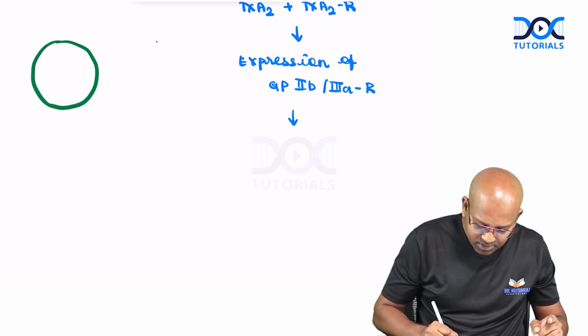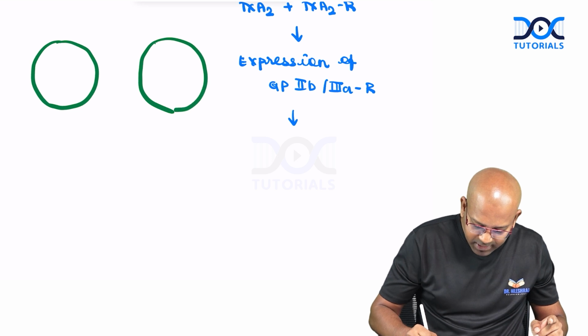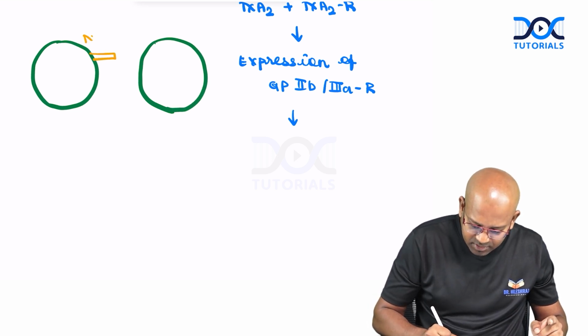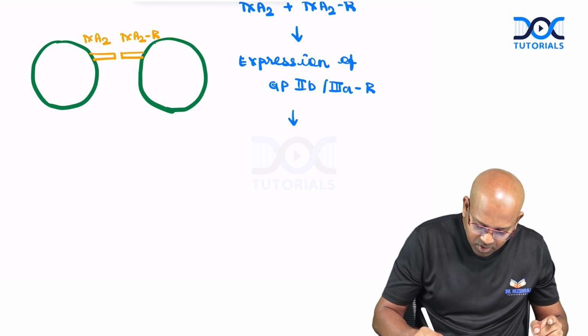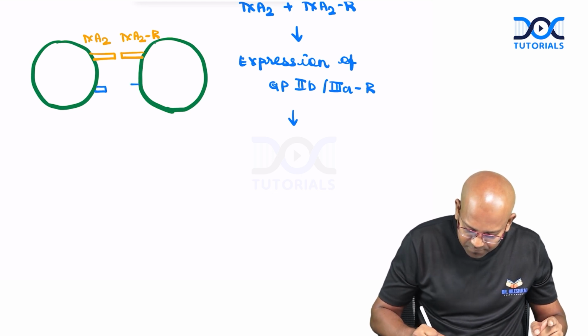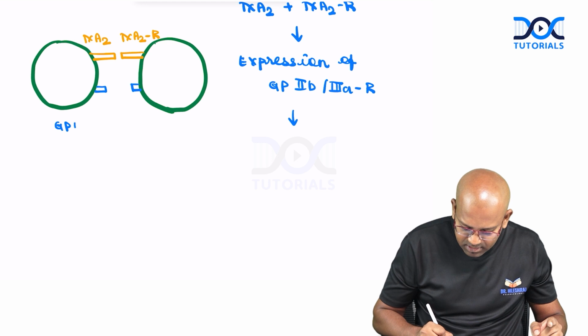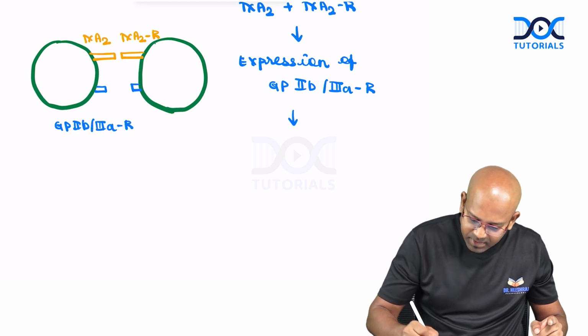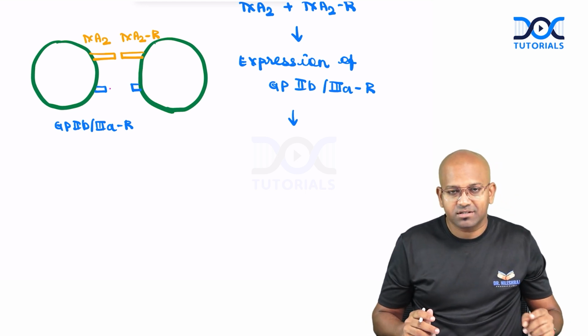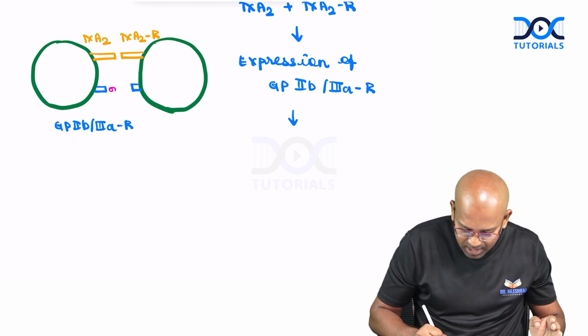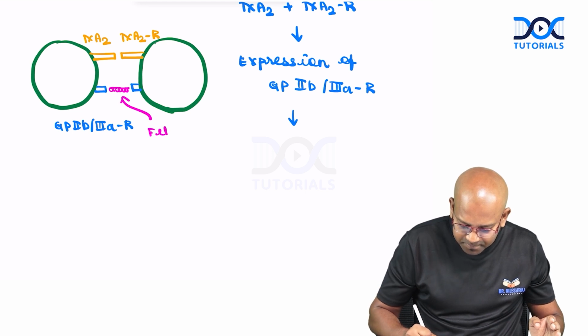Here is where the platelet is, and here is where one more platelet is going to be, from which there will be release of thromboxane A2, which will bind with the thromboxane A2 receptor, because of which there will be expression of GP2B3A receptors. Between these glycoprotein 2B3A receptors is where the bridge is going to be formed, and that bridge will be formed by fibrinogen molecules.